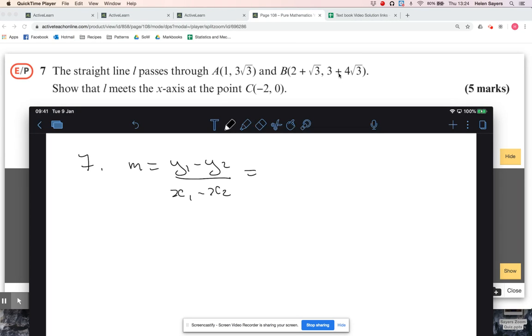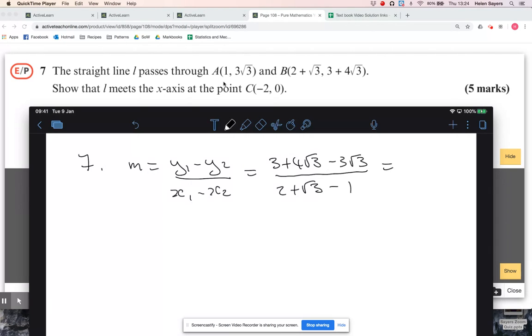So change in y will be 3 plus 4 root 3 minus 3 root 3. So at least all the surds are in root 3, so it should help a little bit. And then change in x, so that's going to be 2 plus root 3 minus 1.